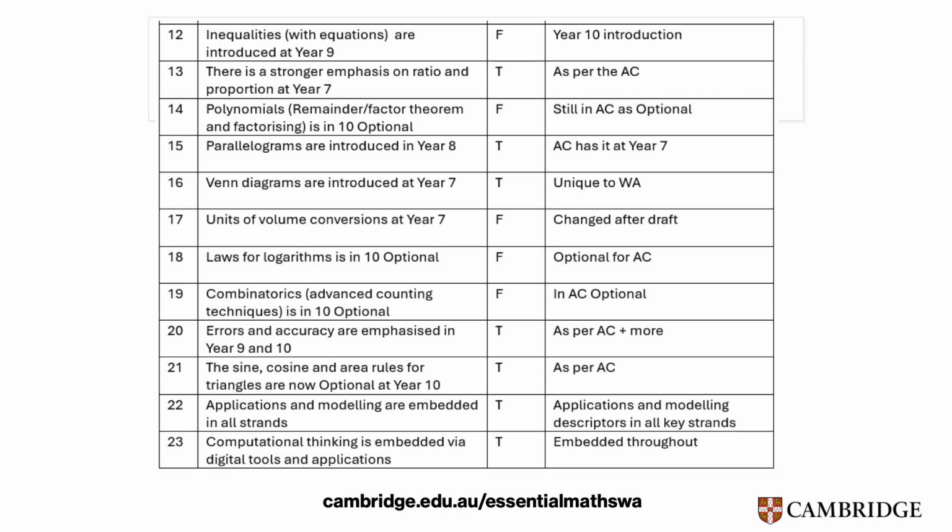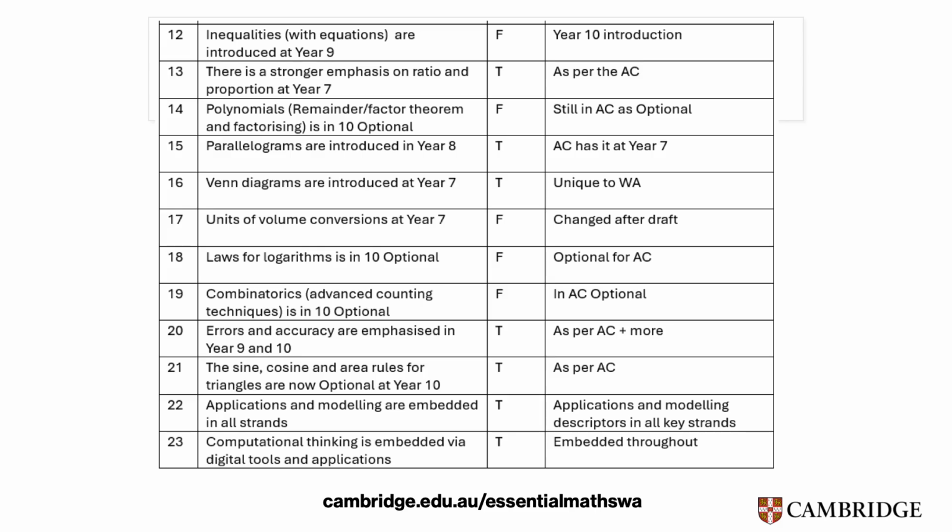Laws for logarithms, is that in 10 optional? No, that's gone. The optional for AC still. Combinatorics, that's advanced counting techniques, is that optional? No. That's something that other states are thinking about. Errors, accuracy, and so on, yes.